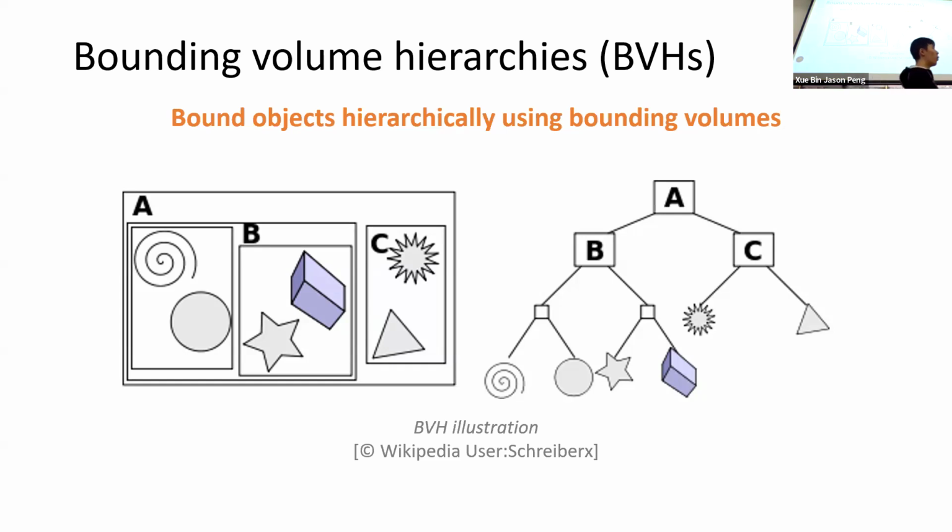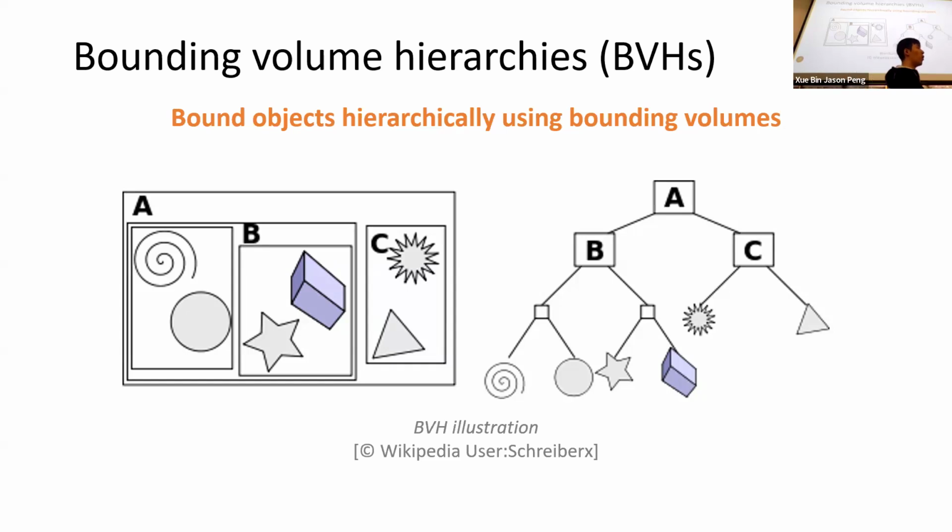For BVHs, the way that we are going to organize these bounding volumes will be to construct hierarchies of bounding volumes that approximate smaller and smaller groups of objects. For example, in this scene, we have 6 different objects. And we can approximate this entire scene with one large bounding volume that contains all of the objects.